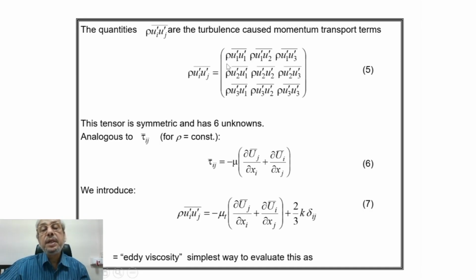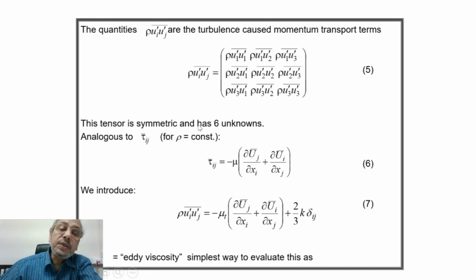We have already mentioned earlier: rho u1 prime u1 prime bar, rho u1 prime u2 prime bar, rho u1 prime u3 prime over bar. Like that, we'll get the other 6 components.